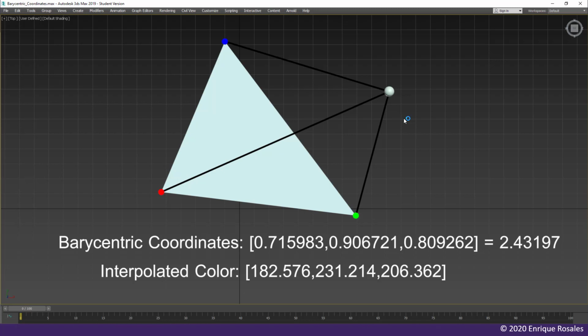Depending on the system, in some systems the color is defined by values that go from 0 to 1, and in other systems from 0 to 255. So the range could be different, either 0 to 255 or 0 to 1.